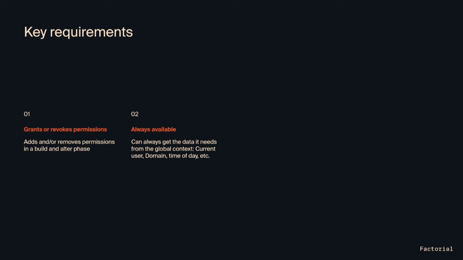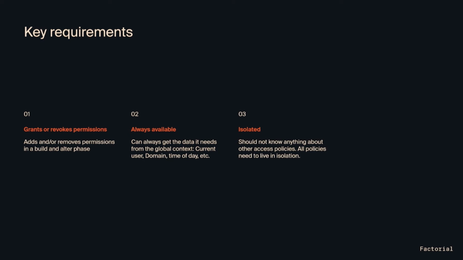So it needs to run on globally available data. The current user, the time of day, what place on earth you're on, perhaps even what color underwear the current user is wearing, like stuff that you can deduce from things you have in the global context. It always needs to be available. It needs to be isolated.